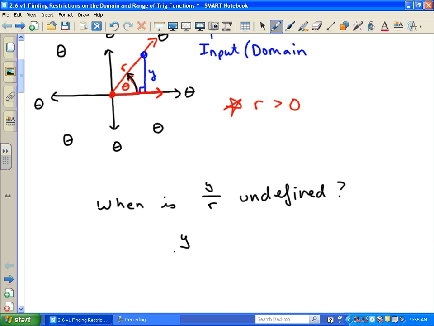Well, y over r would be undefined when we would have some non-zero number in the numerator and then 0 in the denominator. We know that a non-zero value divided by 0 is undefined. So is it possible that r would be 0? No, it's not possible. Remember, we said that r must be greater than 0. So there is never going to be a case where I choose an angle and that particular angle gives me an r value of 0.